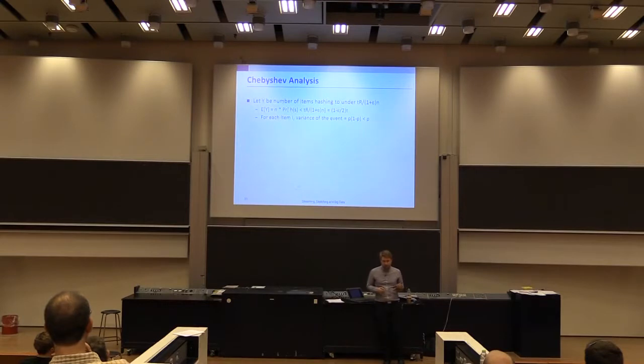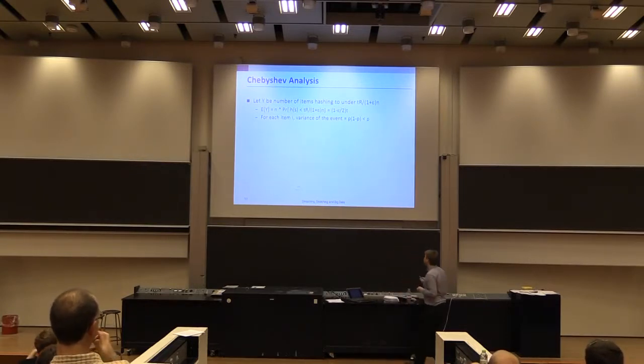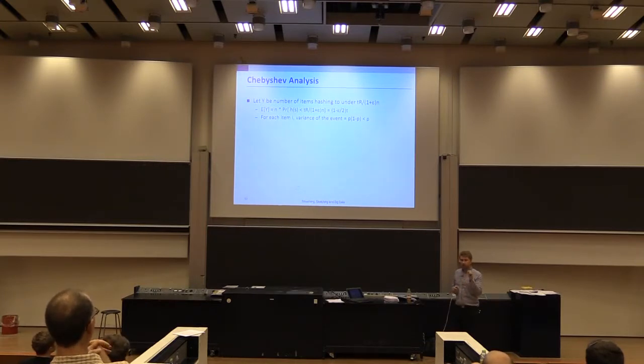And here again is where we need to dive into the actual properties of the hash functions to make everything work for us. What we need to first say is that for any individual item i, we can look at the variance of the event associated with that item hashing into this range. That's straightforward because we have a probability, so it's just p times 1 minus p.